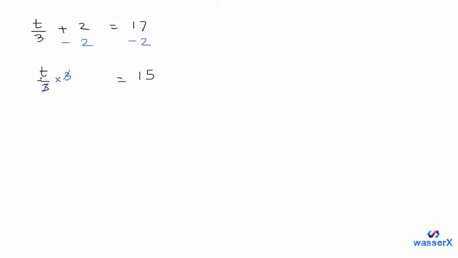So you are left with t times 1, which is the same as t. But if you do that on the left hand side, you should be doing that on the right hand side as well. Therefore, you have t is equal to 15 times 3, which is 45. Again, a quick check. 45 over 3 is 15, plus 2 is 17. So that works.